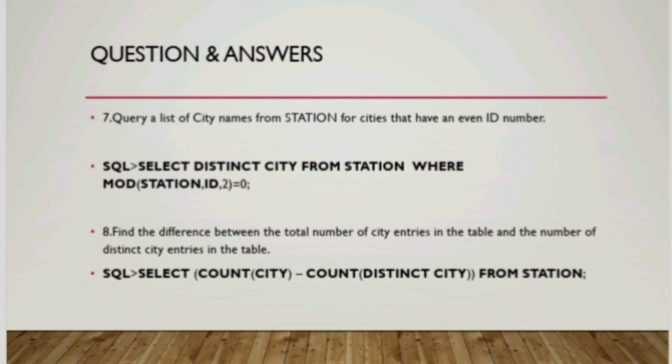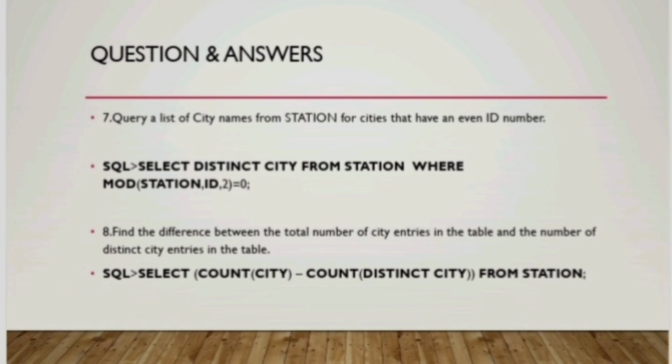Seventh query is, query a list of city names from station for cities that have an even ID number. Here what we are going to list out, like if you have 1, 2, 3, 4 as the ID numbers, we need 2, 4, 6, 8 to be listed. So here is the query.